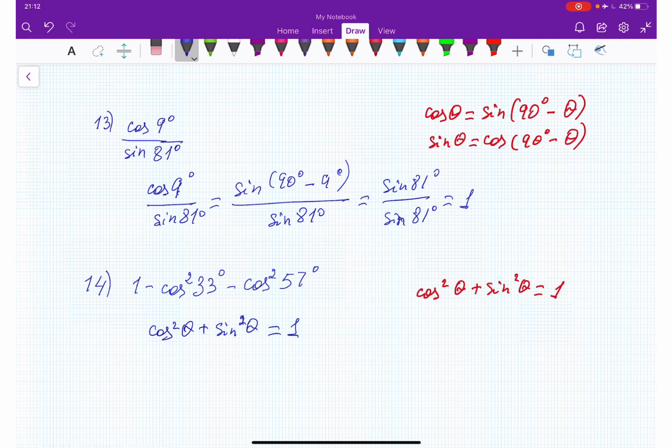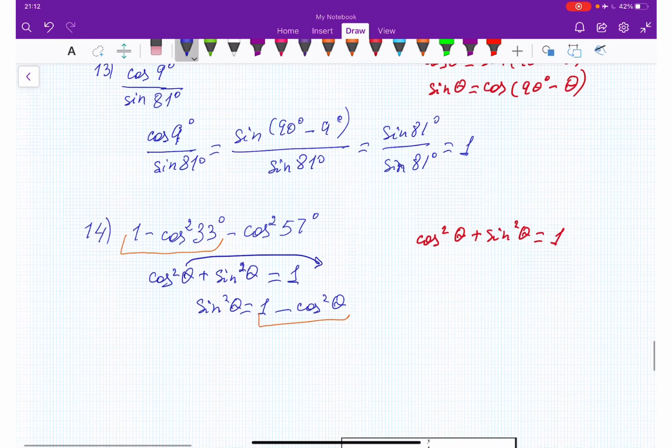So what can I say? From here, sine squared theta is equal to 1 minus cosine squared theta, moving it over here, right? Does it give me this? Yes.